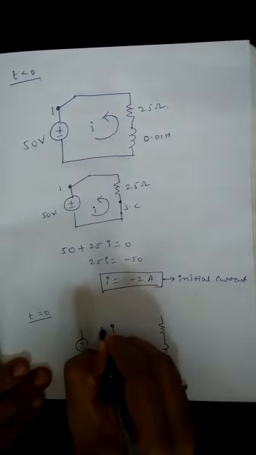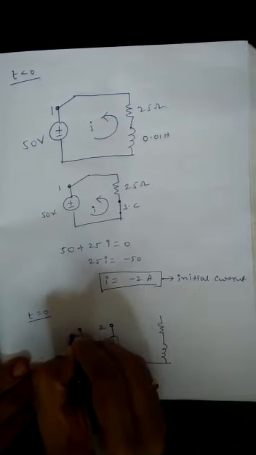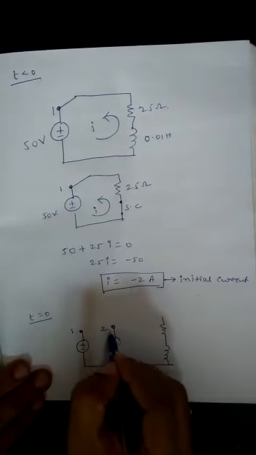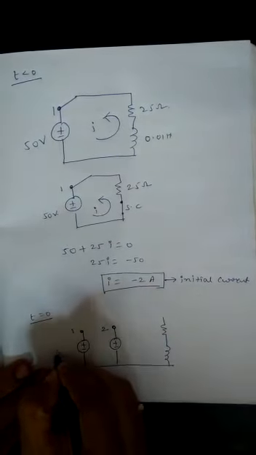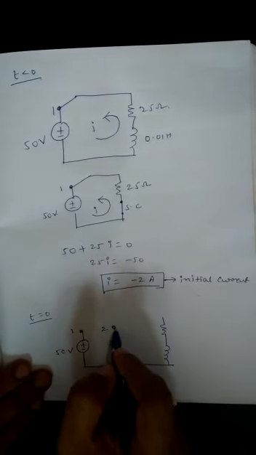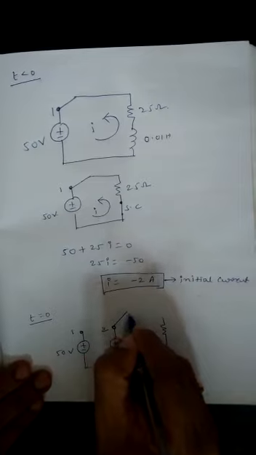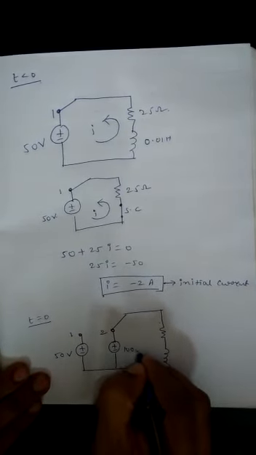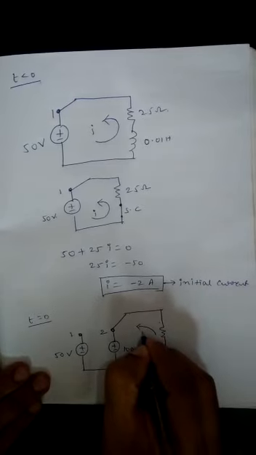This is position number 2, this is position number 1. You no need to bother about the 50 volt when the switch is moving to position number 2. So follow the same direction.